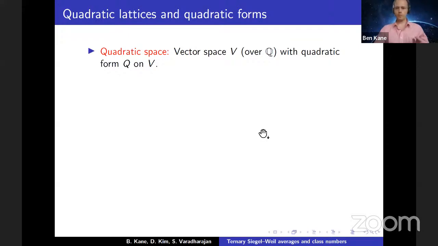Okay, so before I move on to stating the theorem, I want to say a little bit about quadratic lattices and quadratic forms. So a quadratic space is a vector space over Q that has a built-in quadratic form on the space.